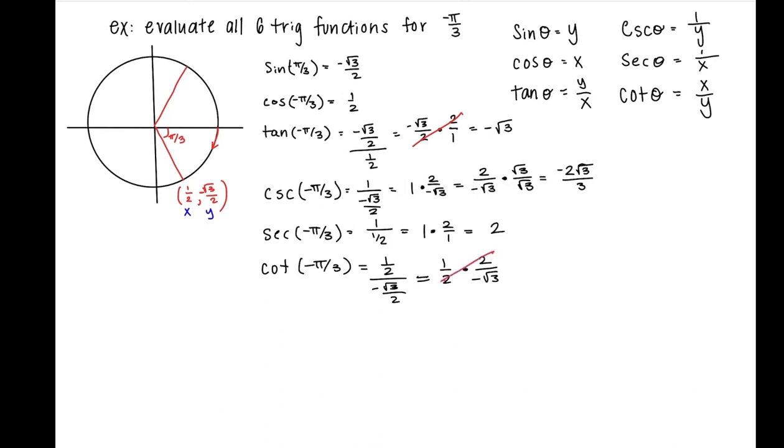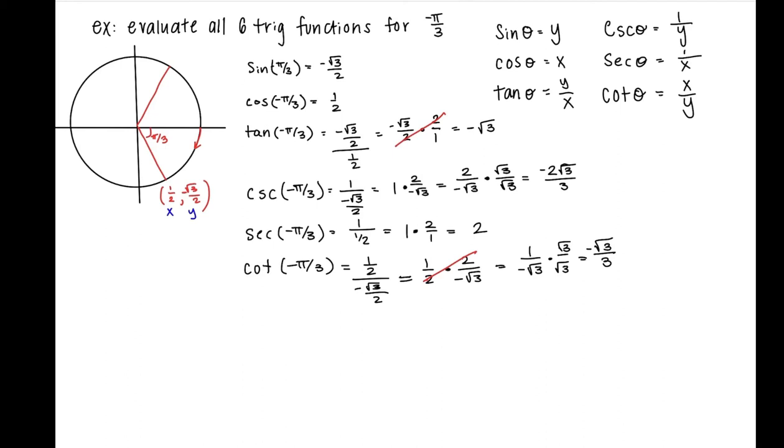My 2's cancel out here nicely. I'm left with 1 over negative root 3. However, I need to rationalize the denominator. I end up with negative root 3 over 3. Okay, this brings up a few interesting questions here. No, we'll get to those later.